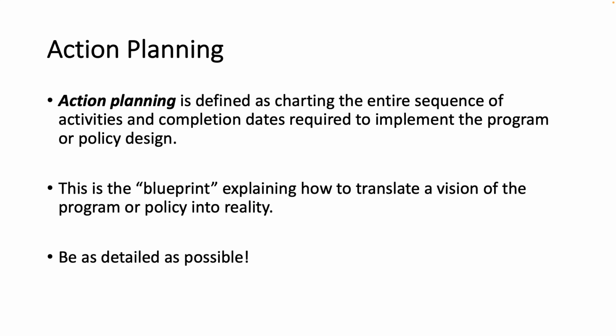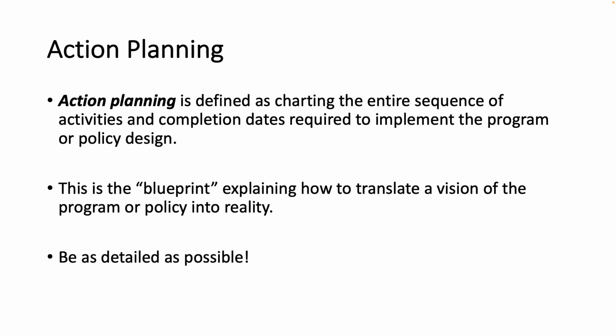So specifically, action planning is defined as charting the entire sequence of activities and completion dates required to implement the program or policy design. So what it does is it involves specifying in clear and concise detail, again, remember that consistent thing that we've talked about all semester long, being as specific as possible, the steps that are required to implement the program or policy design.